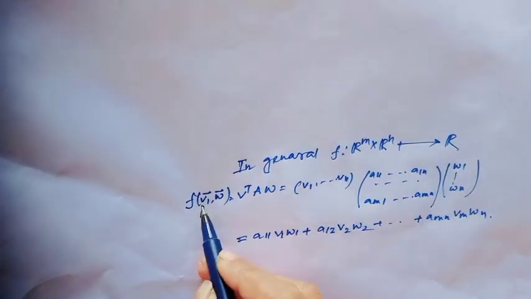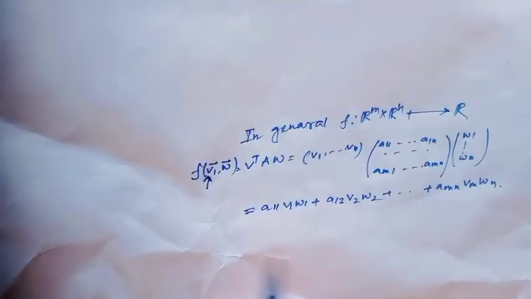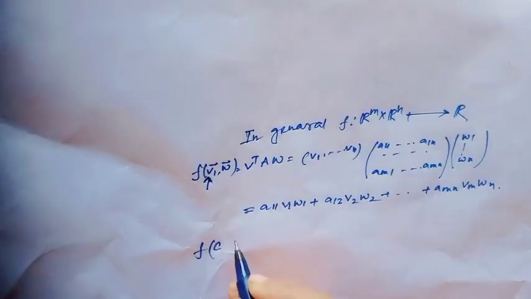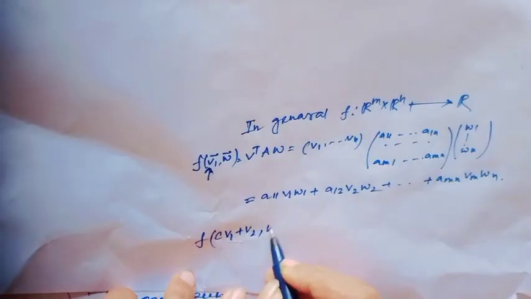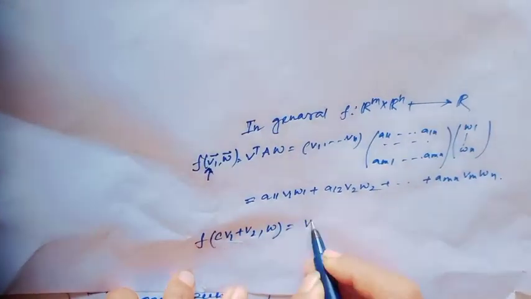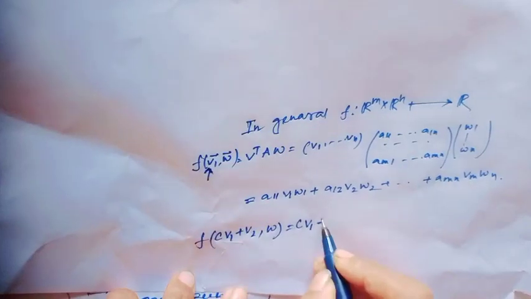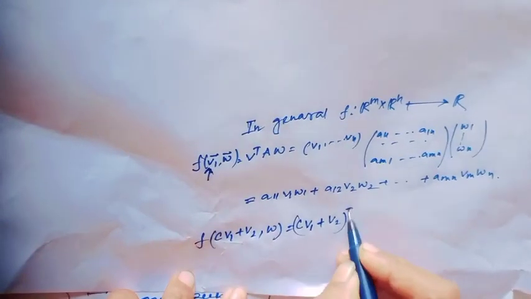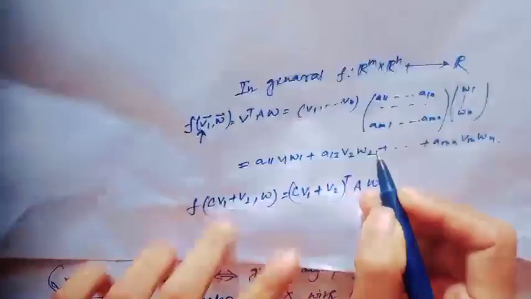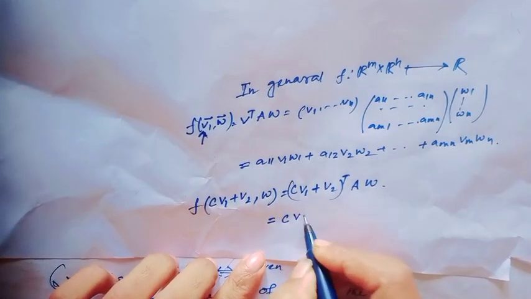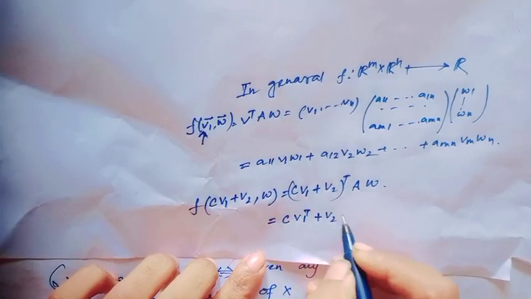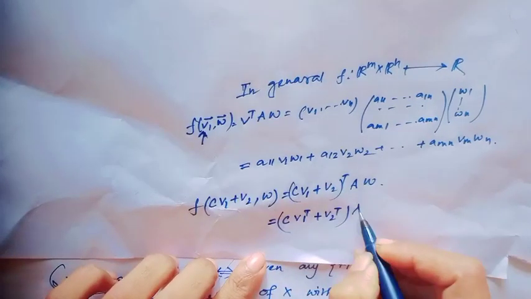First check with respect to the first vector. Then f of cv1 plus v2 comma w equals (cv1 plus v2) transpose AW, which by the property of transpose is (cv1 transpose plus v2 transpose) AW.